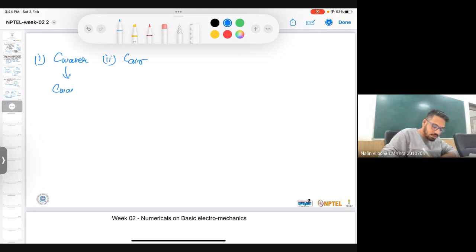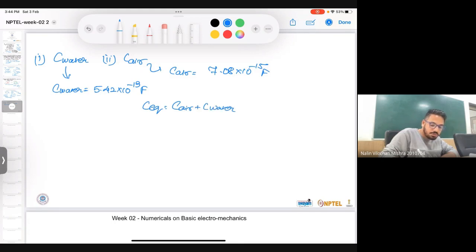Capacitance of water is coming out to be 5.42 into 10 to the power minus 13 farad, and capacitance of air is coming out to be 7.08 into 10 to the power minus 15 farad. And C equivalent, we know, is C air plus C water, and hence it will be the addition of these two. Any doubt till here?